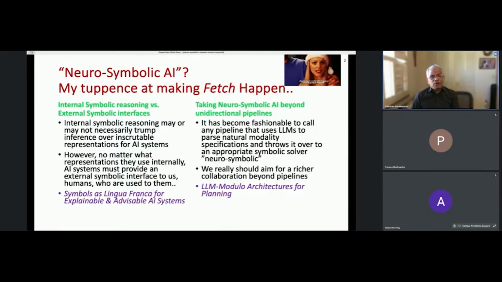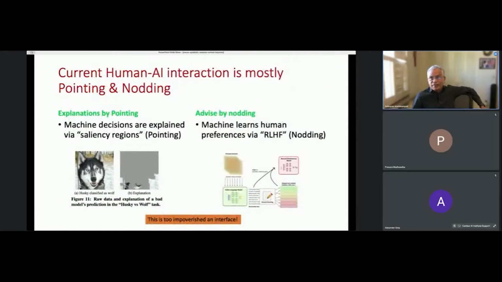I personally don't quite know whether internal symbolic reasoning is really needed in a system to reach human-level intelligence. But whatever representations systems use internally, AI systems must provide an external symbolic interface to us. And that is a good enough reason to understand neuro-symbolic reasoning as far as I'm concerned.